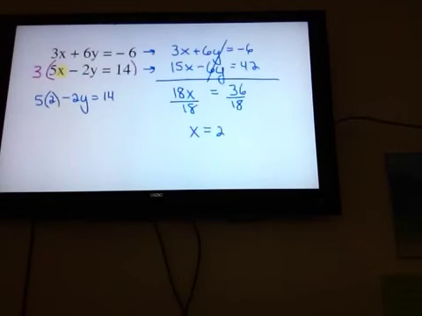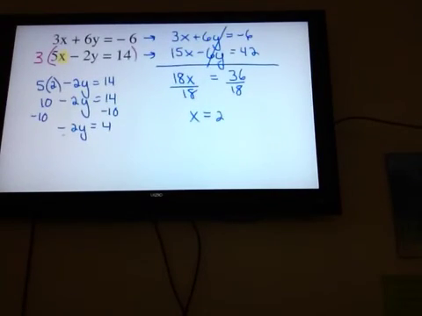So I have 10 minus 2y equals 14. Subtract 10. Negative 2y equals 4. And divide by negative 2. And y equals negative 2.